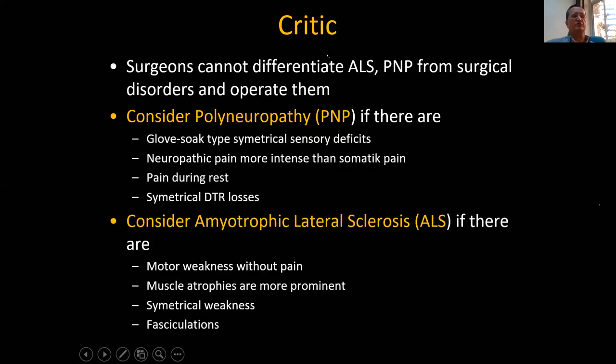Criticism, mostly from neurologists, is that surgeons cannot differentiate ALS and polyneuropathy from surgical disorders and operate on them. They criticize us.